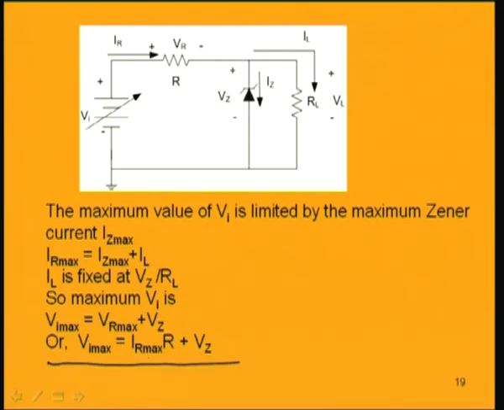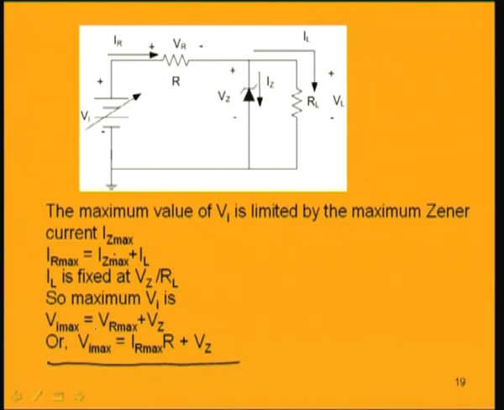What is IR max? IR max is equal to IZ max plus IL. IZ max is given by the specified data sheet. So, we have a limiting condition on Vi max. So, Vi min and Vi max, we have found out those conditions.